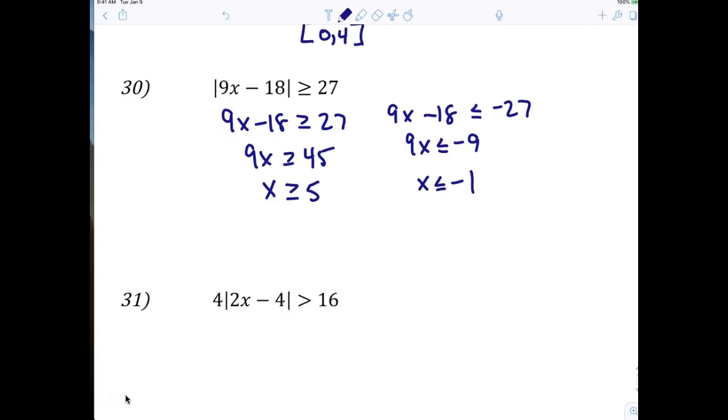So we're heading in the same direction or opposite directions? Opposite. So we have from negative infinity to negative 1, union 5 to infinity.